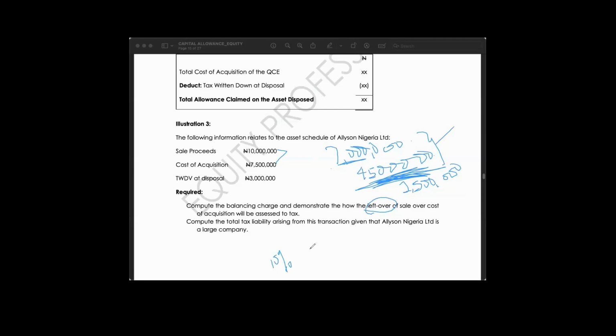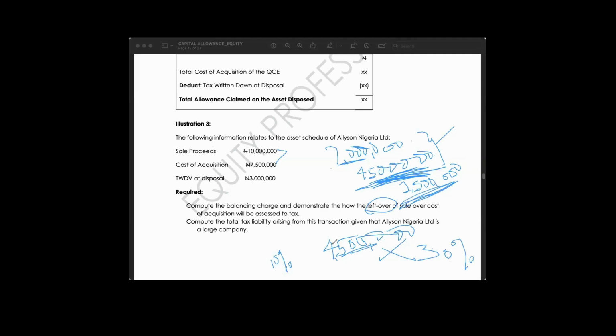Meanwhile, the 4.5 million is going to be company income tax. The examiner told you that this is a large company, so by implication that is 30%. So this will be multiplied by 30%, and I'm multiplying 2.5 by 10%.